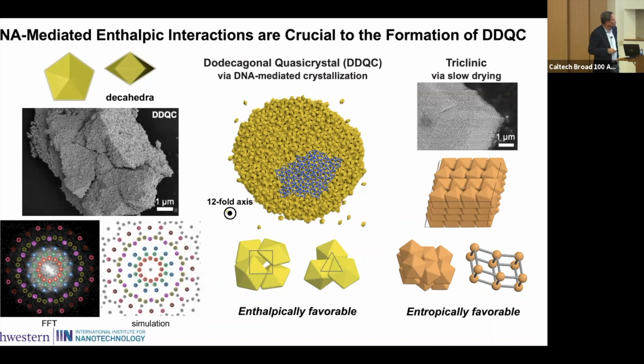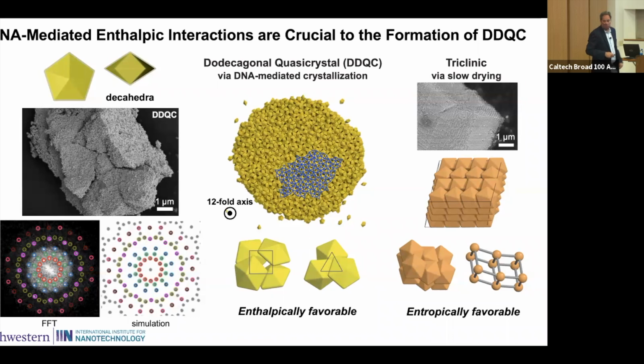And we can drive through enthalpic interactions, the hybridization, the formation of a dodecagonal quasi-crystal, I have a hard time pronouncing that, that falls out of solution every single time. And this has been characterized out the wazoo, where you can see very clearly it has a 12-fold axis. Think of this as layered quasi-crystals. It's a periodic structure perpendicular to those planes.